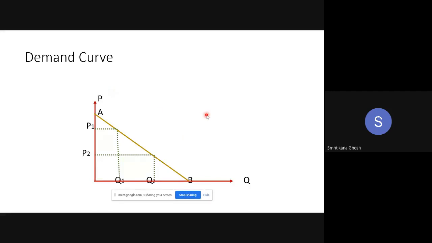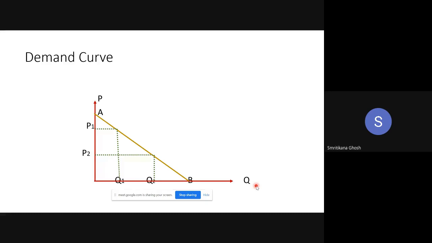But here it is just opposite. We are measuring the explanatory variable, the x variable, which is actually the independent variable, on the vertical axis, and the dependent variable on the horizontal axis. This is just opposite of the normal diagram.